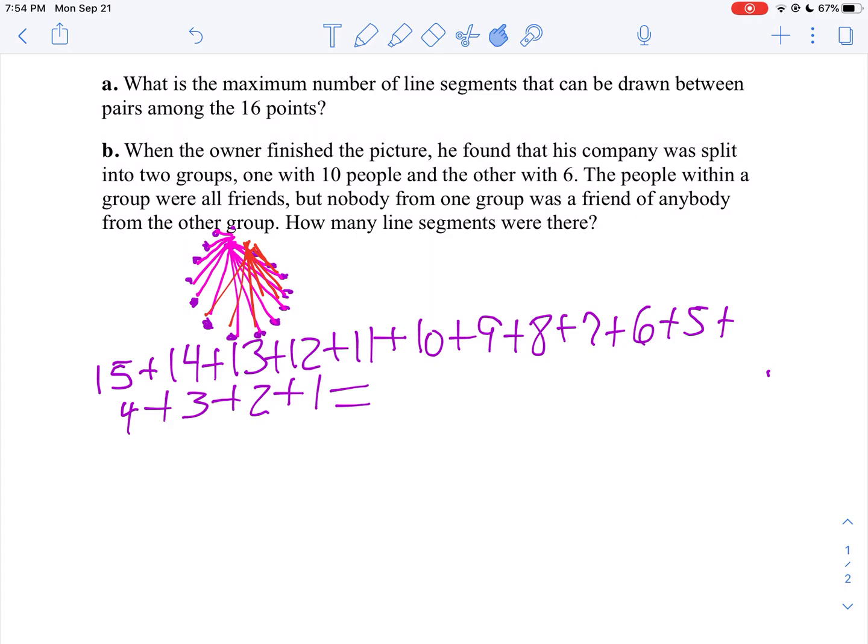How did he do it so quickly? Well, here's what he did. Math is looking for a pattern. What Carl noticed, and hopefully what you'll understand here, I don't expect you to memorize this, is if he takes the first number and adds the last number, he gets 16.